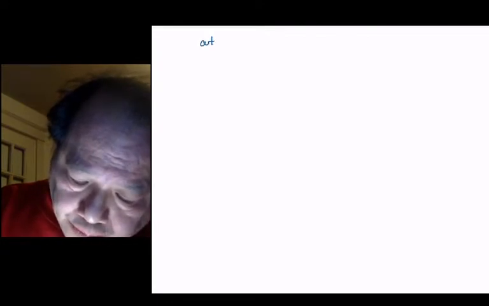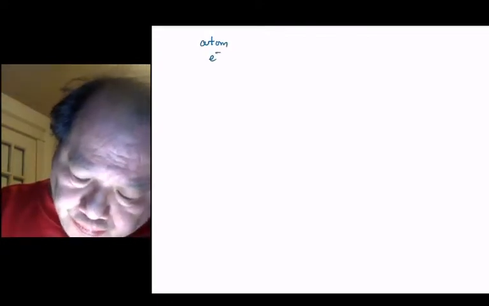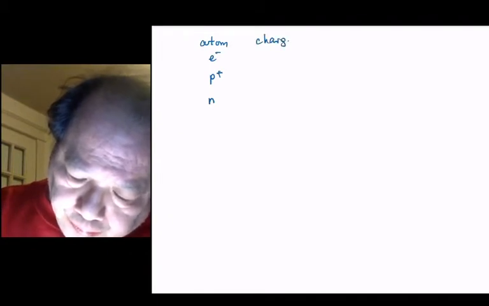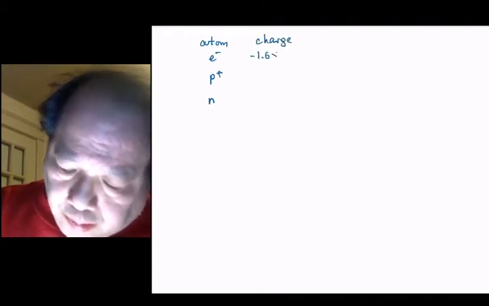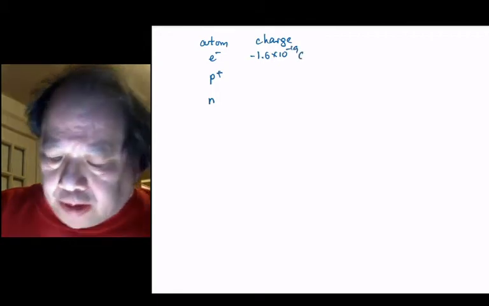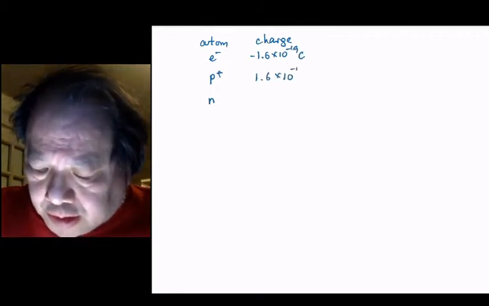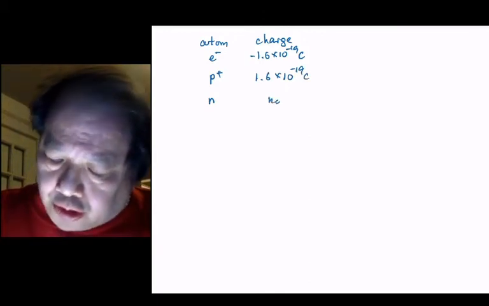We can now put together everything that we've learned into a complete picture of the atom. So let's just review. The atom is made up of electrons, protons, and neutrons. Electrons have a charge of minus 1.6 times 10 to the minus 19 coulombs, protons plus 1.6 times 10 to the minus 19 coulombs, and neutrons have no charge.